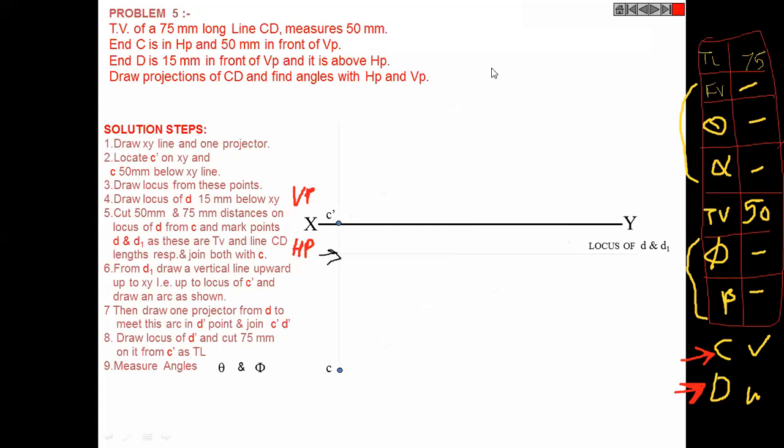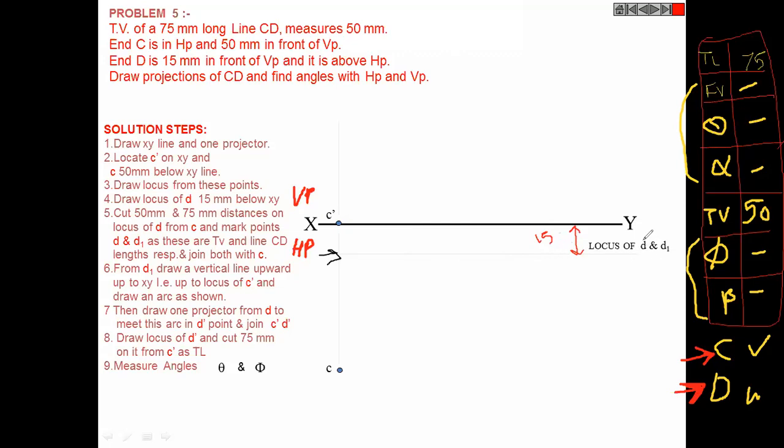It was given that point D is 15 mm away. Clear? So this is 15 mm. Now we know whether point is inclined or not. If it is inclined, then it can travel in that straight line only, that we have seen earlier.